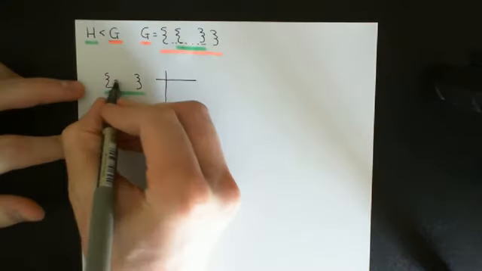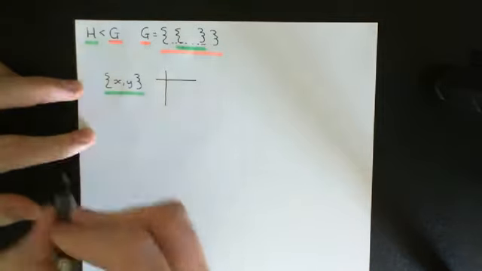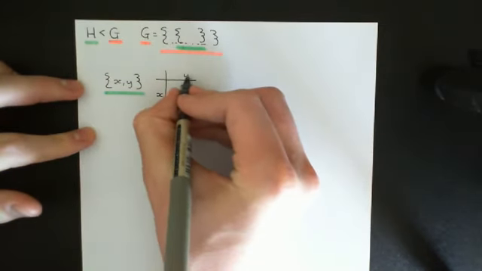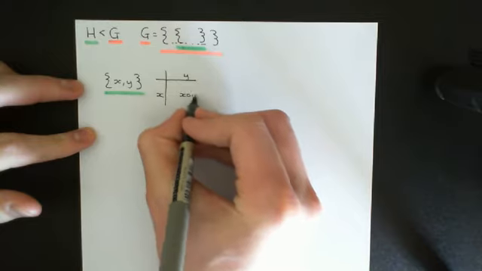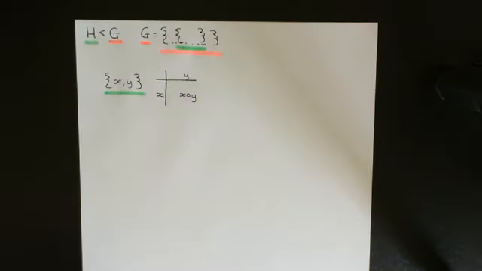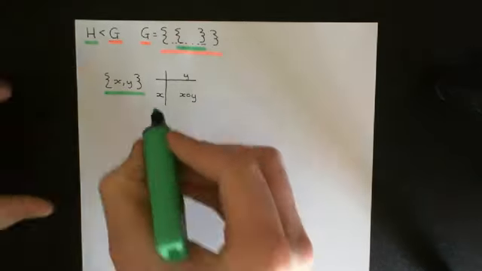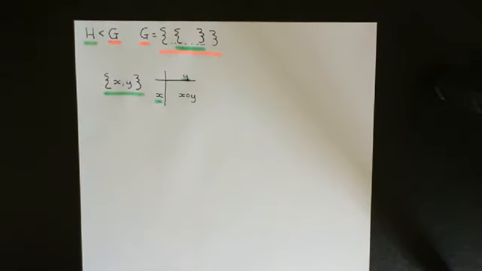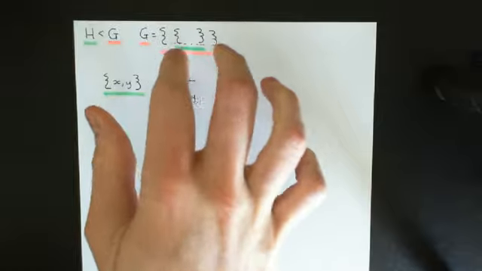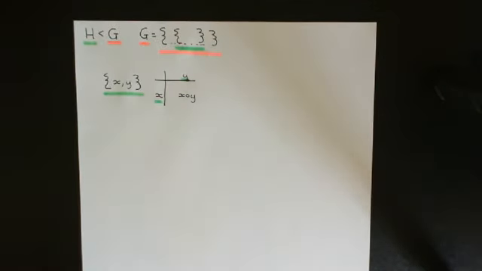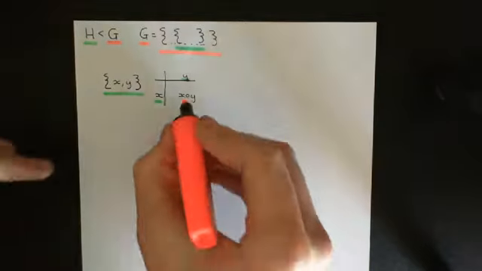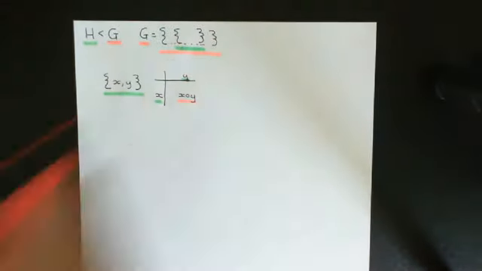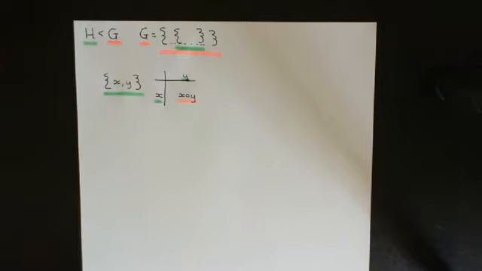For instance, if you have two arbitrary little elements, little x and little y, which are elements of capital H, and you want to define what is little x composed with little y in your subset capital H, then quite simply you can say: little x and little y, shown in green because they're in capital H, are in capital G because capital H is fundamentally just a subset of capital G. That means that the answer to what x composed with y is equal to is in capital G. So there is an answer already defined in the composition law of capital G. Why don't we just nick that answer, basically?